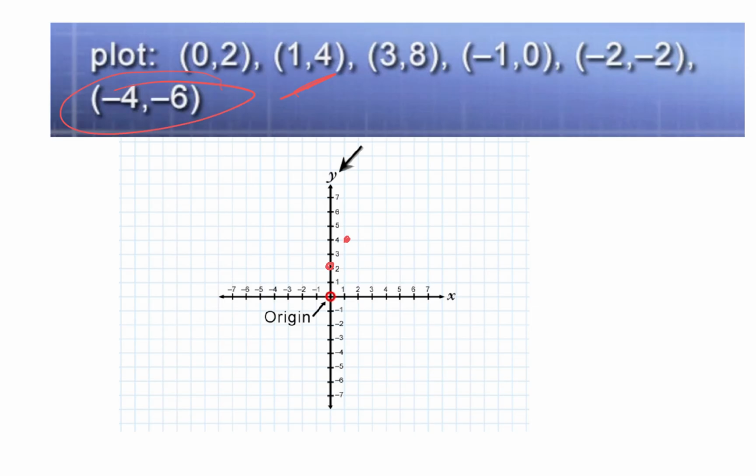Minus 4, minus 6 is walking 4 steps to the left in the x direction. This is the x, this is the y. And walking minus 6 units in the y direction. So the point minus 4, minus 6 is this point.